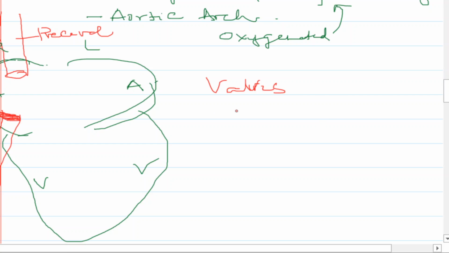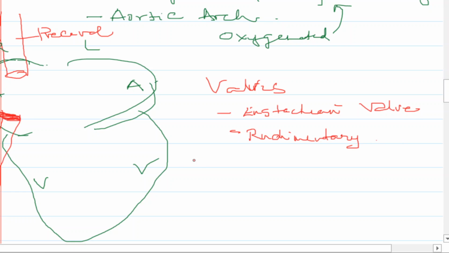It's called the Eustachian valve. This is rudimentary. That means it has no function now. But during the fetal stage, this valve... there is a septum, right?